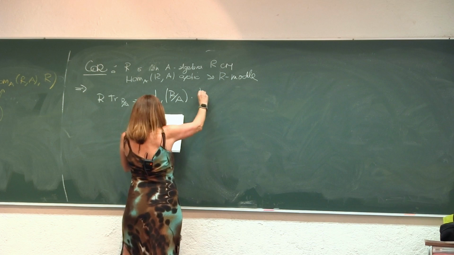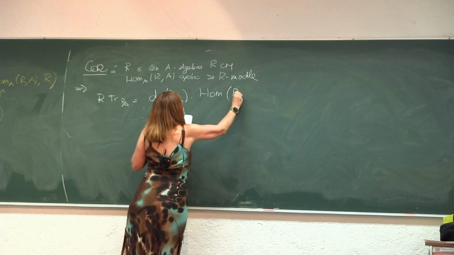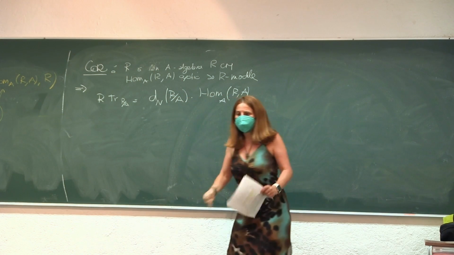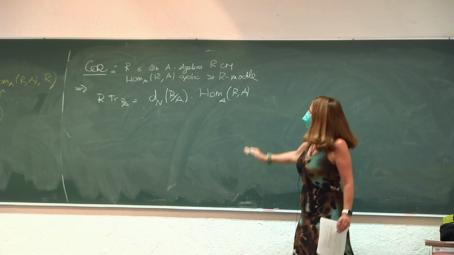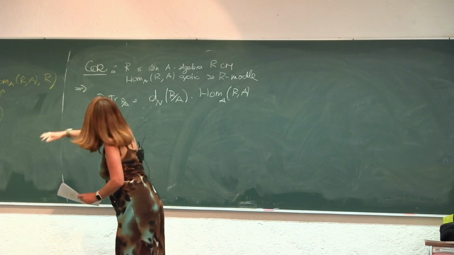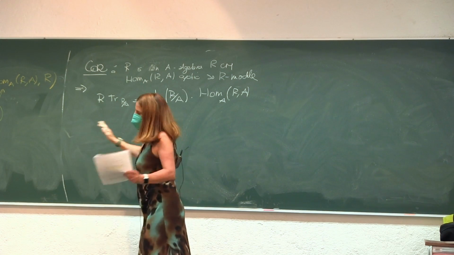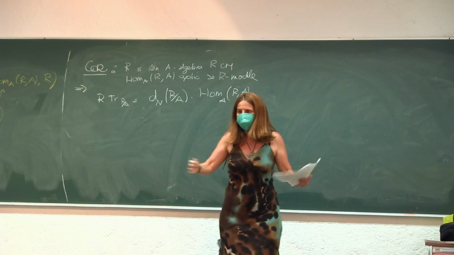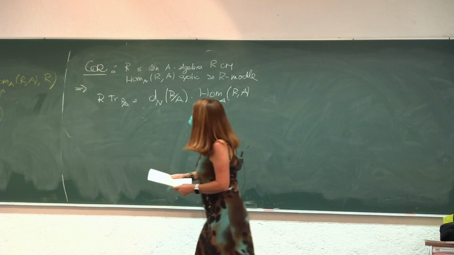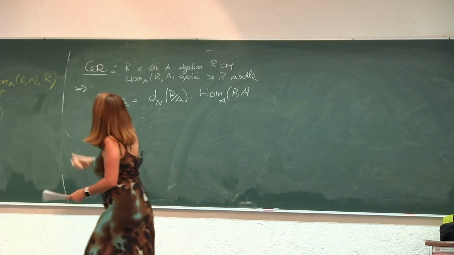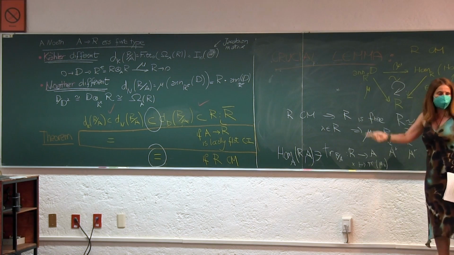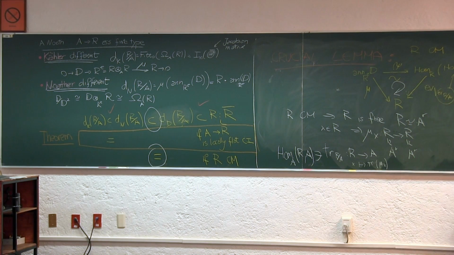And then what you can get, I'm not proving it, but just go through it, is that R times the trace of R over A is the Noether different of R over A times the Hom of R over A. So in this case, I'm not assuming that I have Noether normalization and all that. That's important. It's much more general, but it does use this definition of trace, because you still have an A-algebra, you assume it's Cohen-Macaulay, and you can still think about the trace in that way.